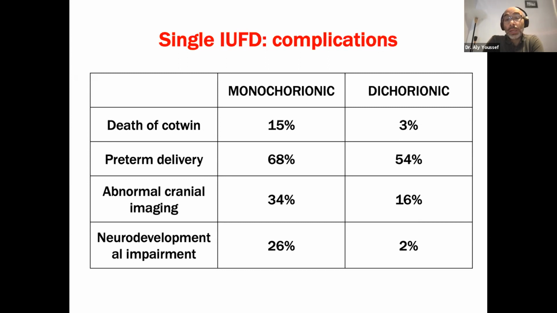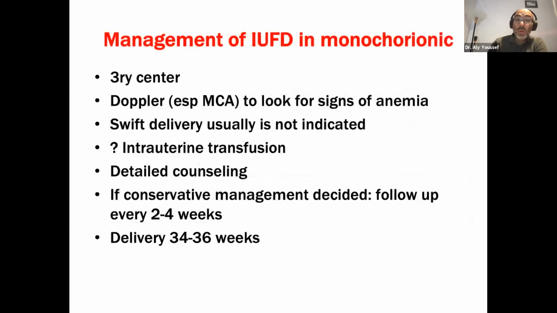And this is extremely important once you counsel a couple with a monochorionic twin pregnancy, especially if you have a high risk of fetal demise, and also after the fetal demise.